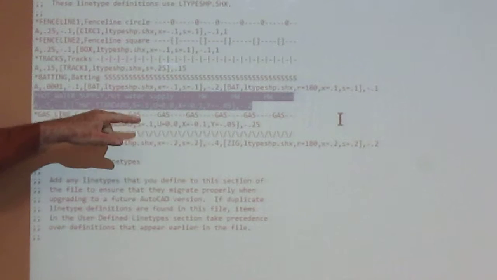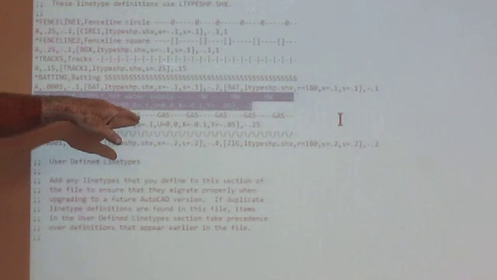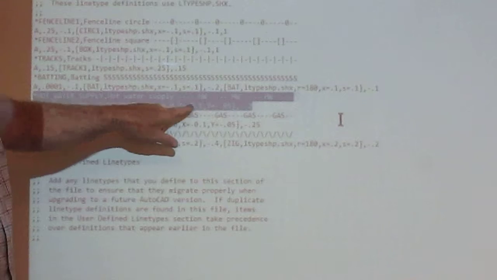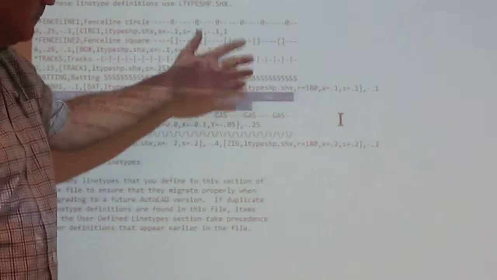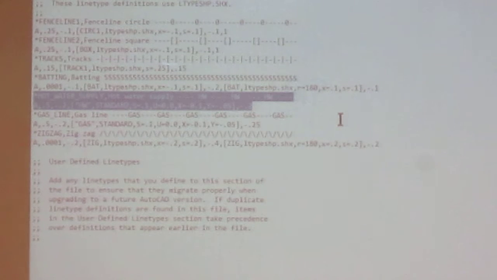It's got your dash, gap, what text you want in it, the text style, and then you've got a bunch of things you can do, such as size, underline, X and Y offsets, blah, blah, blah, and then the line repeats. Those are the only two you really need to concentrate on, because those are the two we edit.